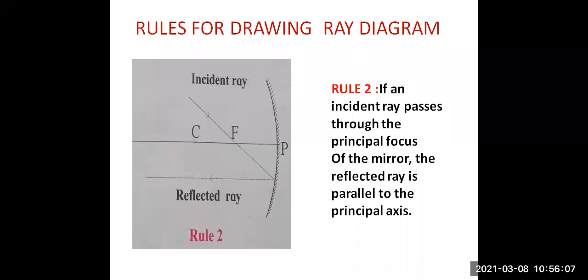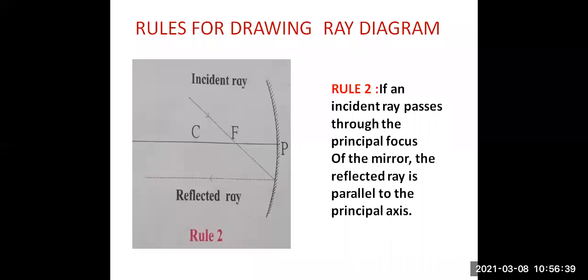Now from where is the incident ray passing? The incident ray is passing from the principal focus, that is from the point F. You can see the ray which is having an arrow headed towards the mirror. When it falls on the mirror from the principal focus, it gets reflected back. You can see the reflected ray which is having an arrow outwards from the mirror.